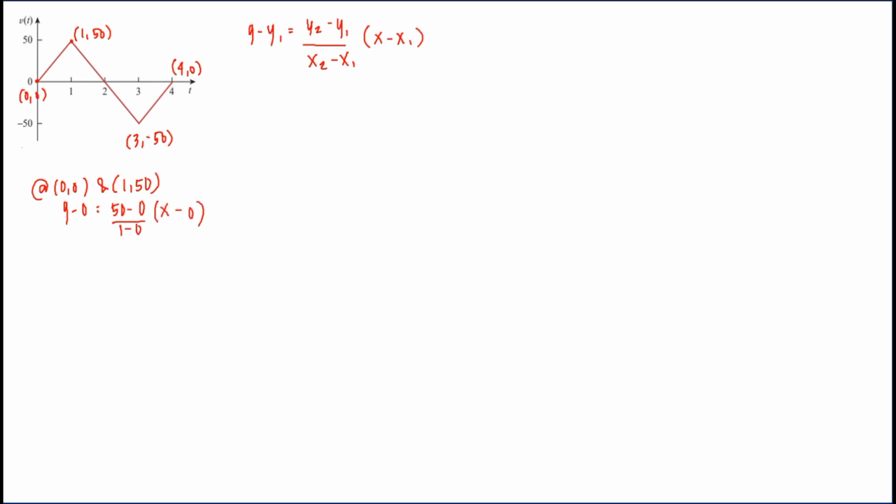So we have y equal to 50 times x, or y is equal to 50x. But our vertical axis is v of t, and our horizontal axis is time, so this is v(t) = 50t, and the limit is from 0 to 1.